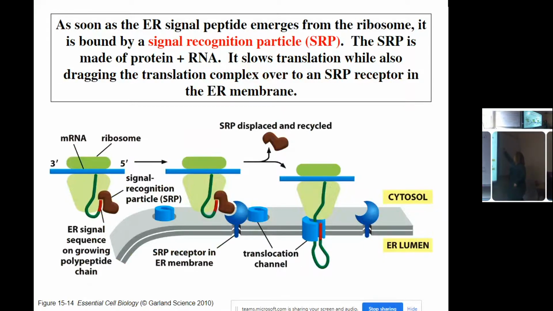We're going to just abbreviate that SRP. So this is SRP. This red segment here is the signal sequence that's a part of the protein that's supposed to get into the ER. So now that we've seen the colors, with the lights back on, we can see the board writing.